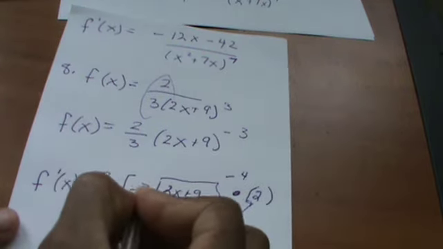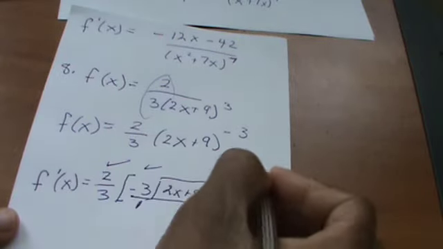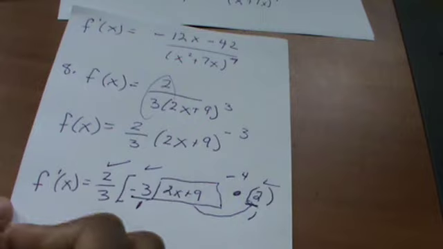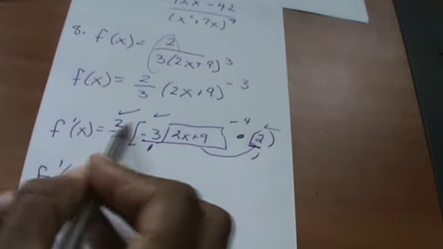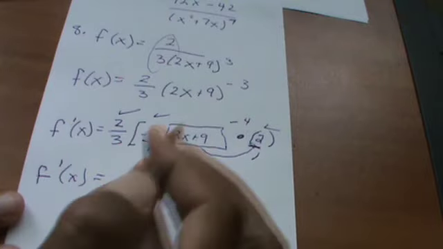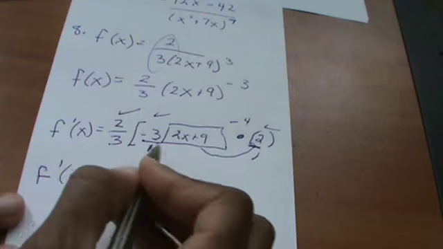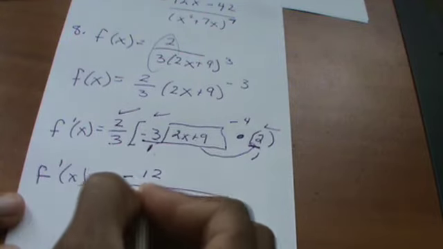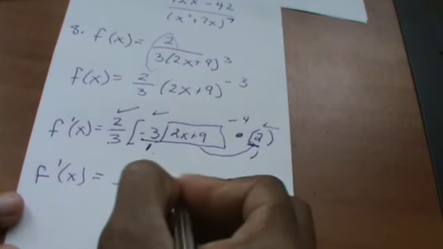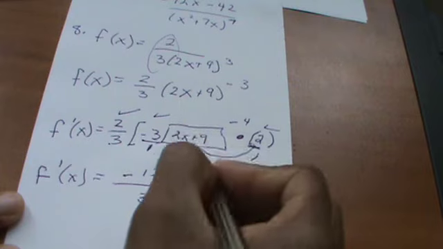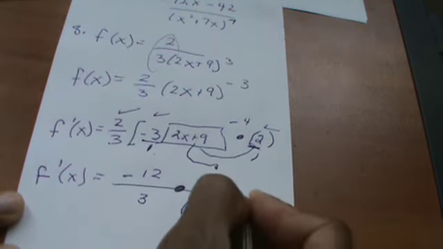Right, so I'm going to put this negative 3 over 1 and this 2 over 1 because I can combine that, and that. So then f prime of x then equals, multiplying straight across, 2 times 3 is 6 times 2 is 12, so negative 12. In the denominator I get 3 times 1, which is 3. And I'm multiplying by this piece here, which is 1 over 2x plus 9 to the 4th power.